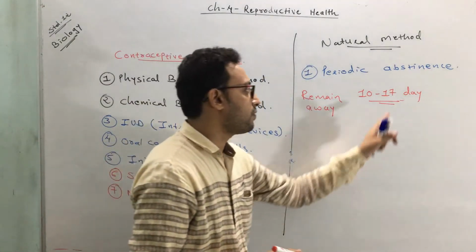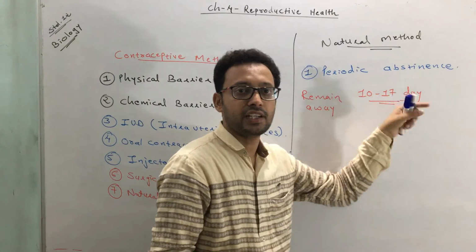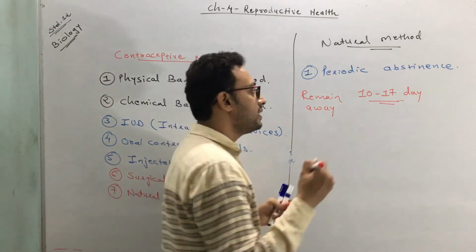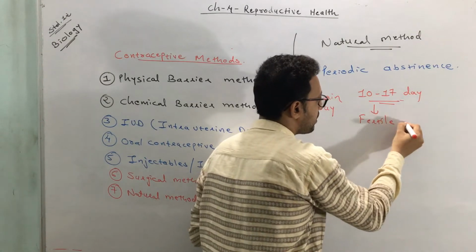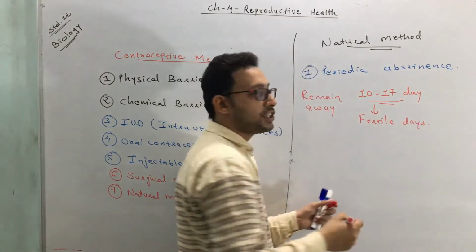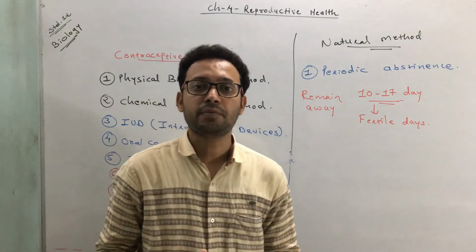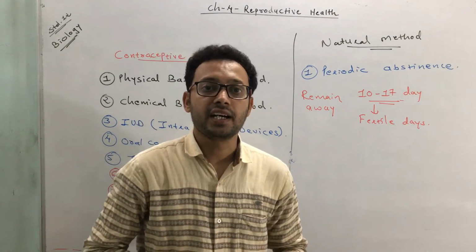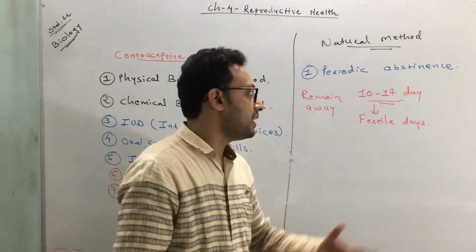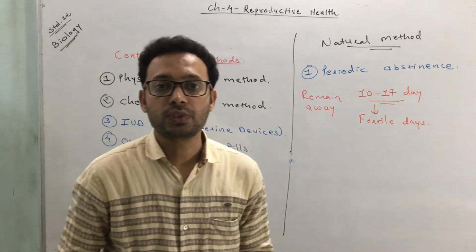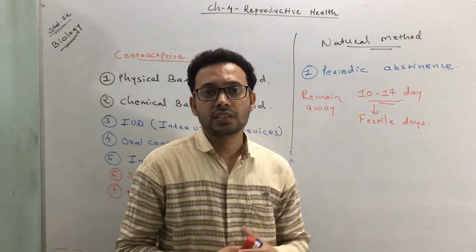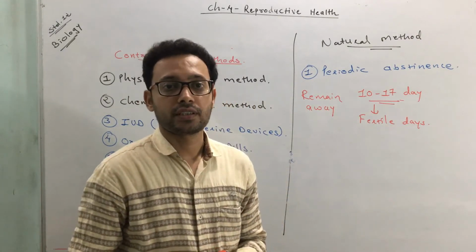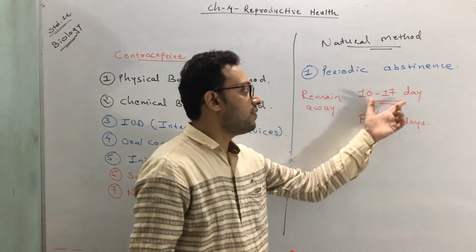They don't perform sexual activity during day 10 to day 17 because these days are considered fertile days. During these days, the chances of conception and pregnancy are very high. Why are these the fertile days?